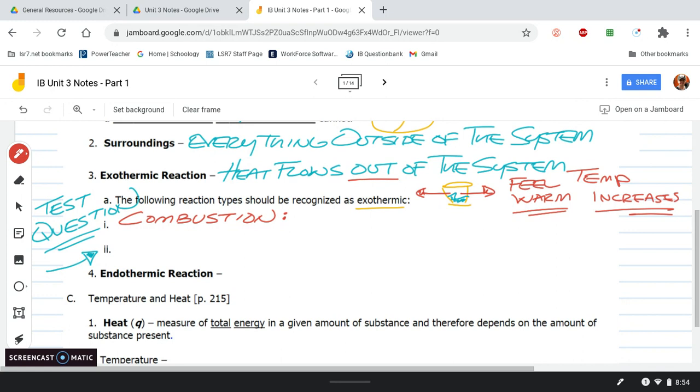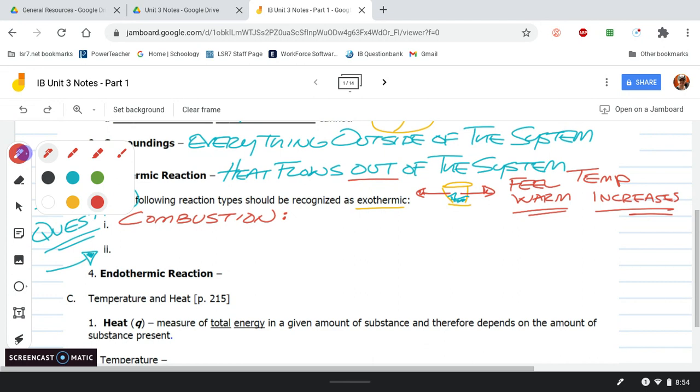We want to recognize that you have the fuel, which is some combination of C's and H's, plus oxygen yields carbon dioxide and water. Every single time we see that one, we need to be thinking, hey, this is exothermic.